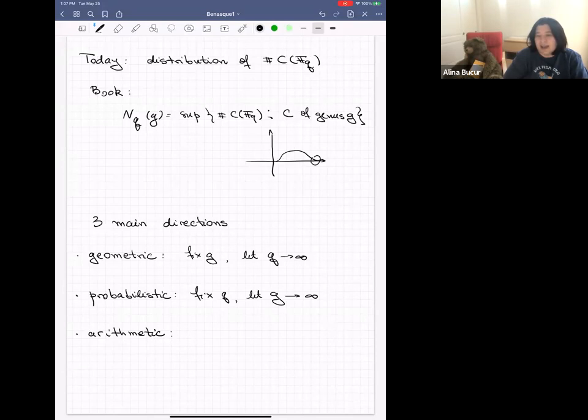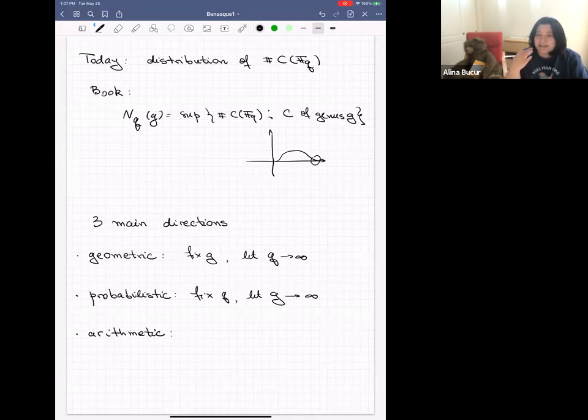And I call this probabilistic because basically the results in that area, most of them look like the number of points of C over F_q is going to be distributed like a sum of IID random variables. So we're gonna see that in a moment.